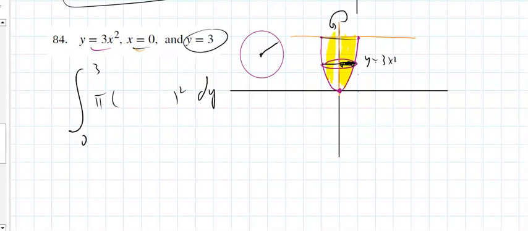Well, the radius, I can't put an x in there, say 3x squared. I'll say y over 3 equals x squared. x should be plus or minus the square root of y over 3, but in quadrant 1, it's the positive radical y over 3.